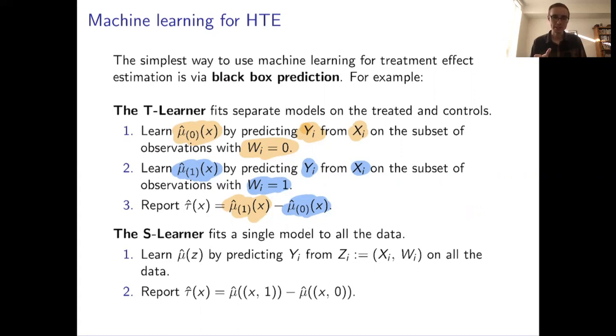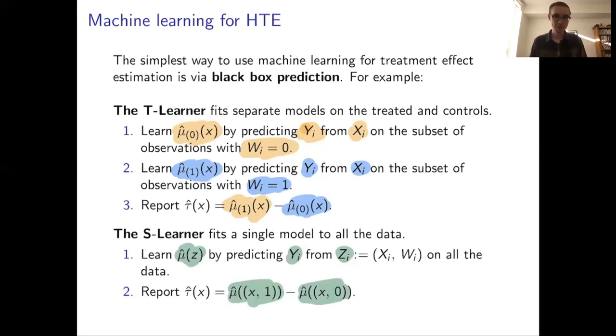So now you have just a single mu hat function that you can give covariates and a treatment status, and then make a prediction. And then you could query the same mu hat function twice, once with treatment set to 1 and once with treatment set to 0, and get predictions tau hat of X out of that. This is called the X-learner because you use a single regression.